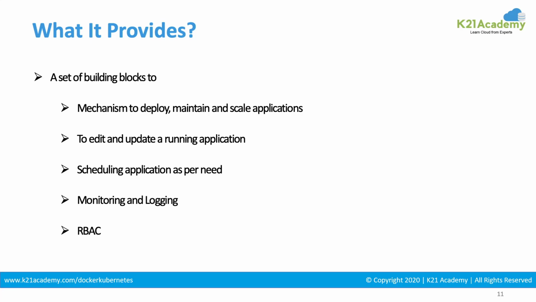Plus, at the Docker level, we didn't have that much role-based control on what a person can do with a set of containers, what a person can't do with another set of containers. Those things come into the picture with Kubernetes. You can have role-based access on the cluster, which is called RBAC, role-based access control. So you can control who can do what at the cluster level.